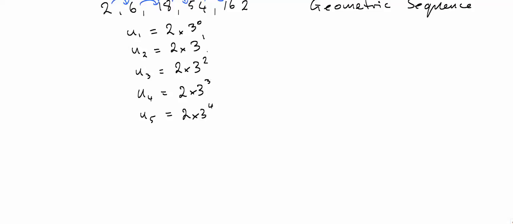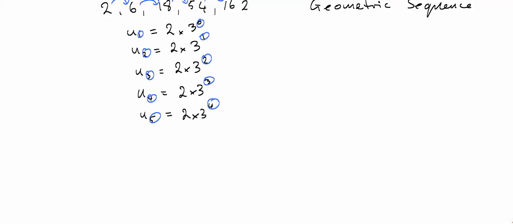We see the number in the index here, 4, is of course 1 less than 5, 3 is 1 less than 4, 2 is 1 less than 3, and 1 is 1 less than 2, and 0 is 1 less than 1.